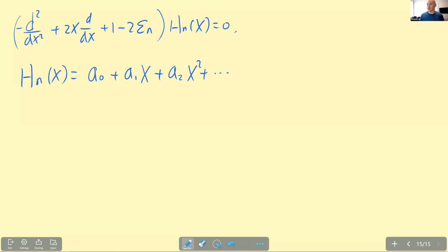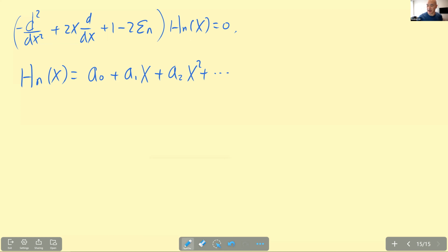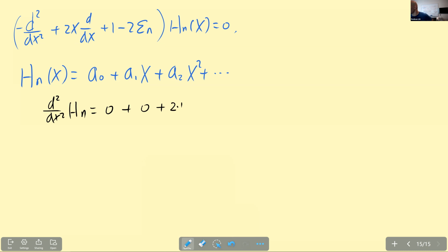So you can see that if we do the first term, that will give us 0 plus 0 plus 2 times 1 times a2, and then plus 3 times 2, a3 x. So these are the terms that we have.